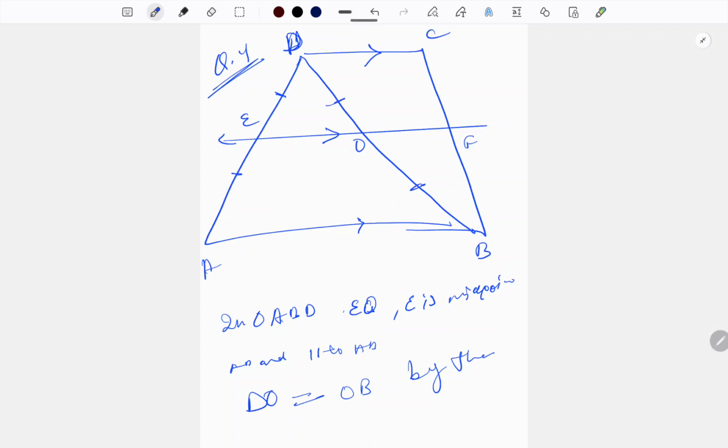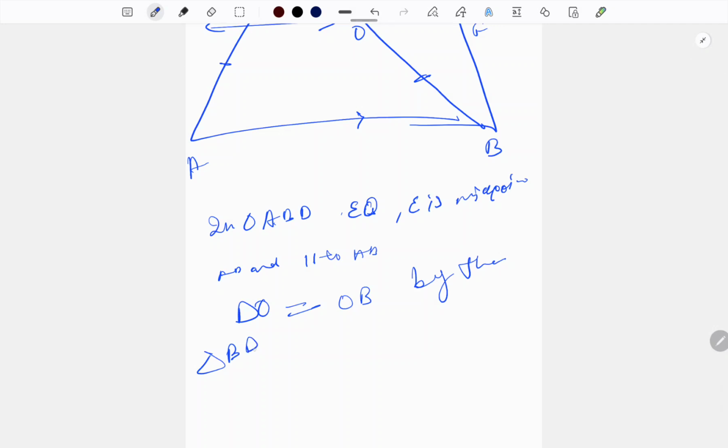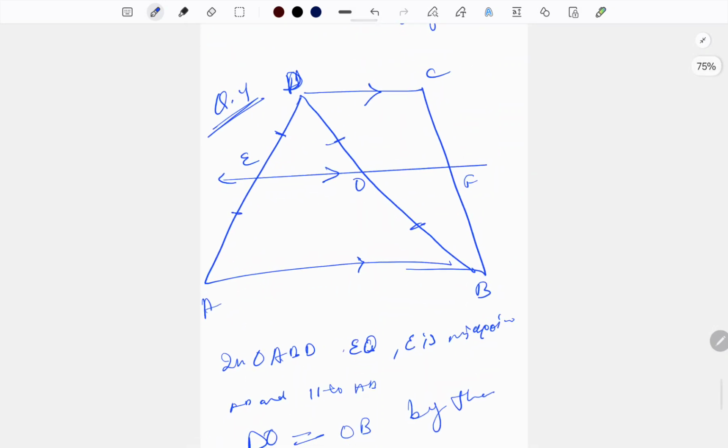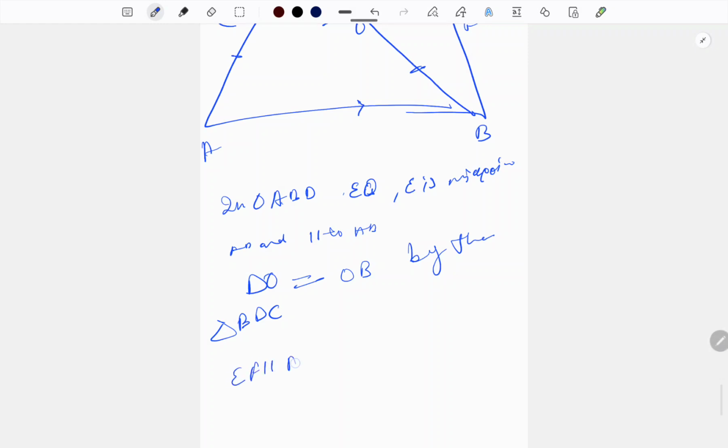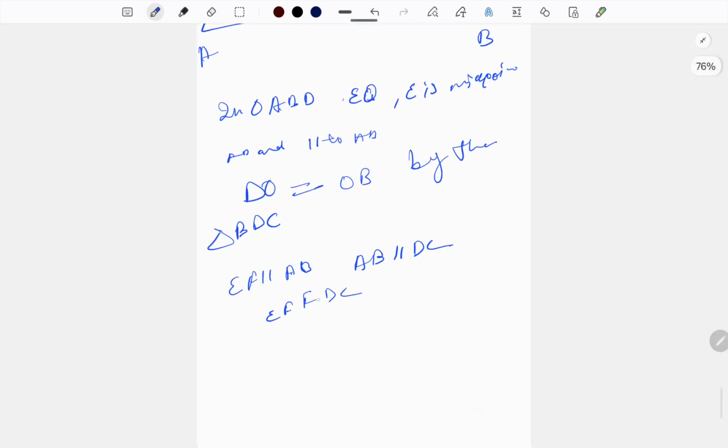Now if we take triangle BDC, again the same goes on, because if EF is parallel to AB and AB is parallel to DC, then EF is also parallel to DC, and O is the midpoint and OF is parallel to DC.